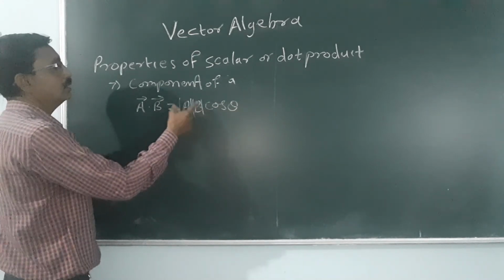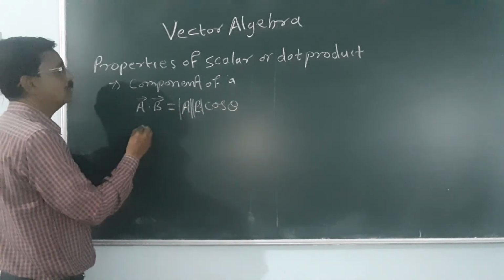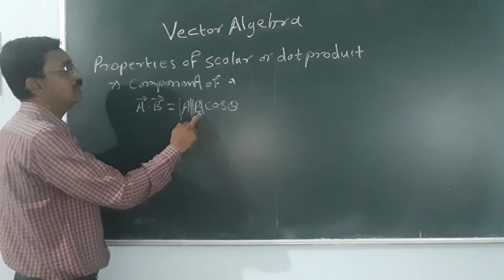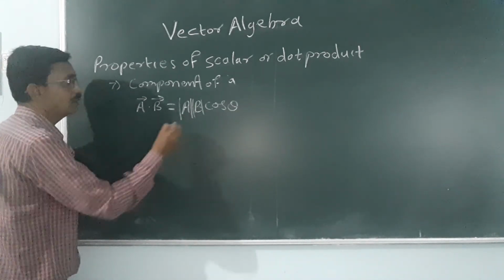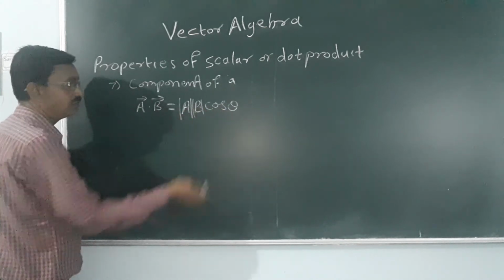Then transfer mod of B to this side, so only a cos theta remains.